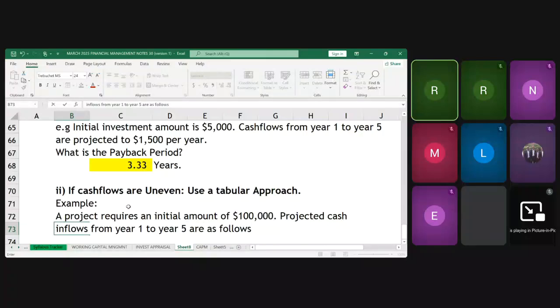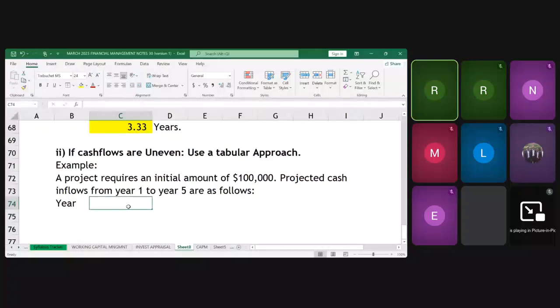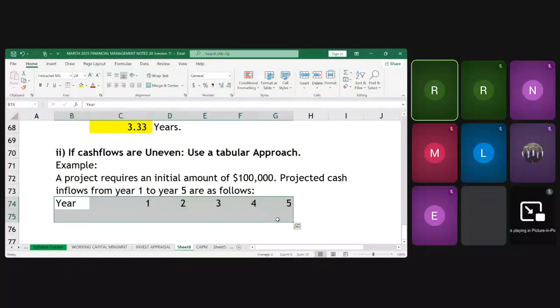We have years 1, 2, 3, 4, 5. These are the years that we have.